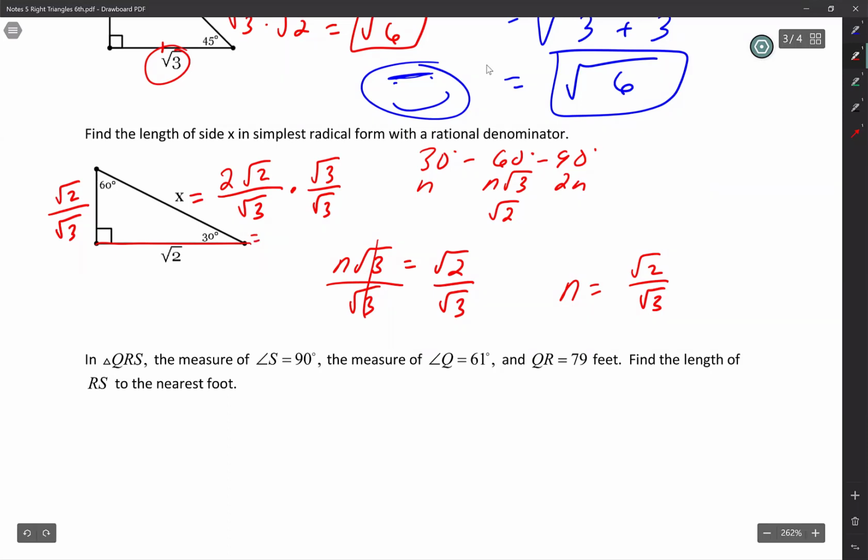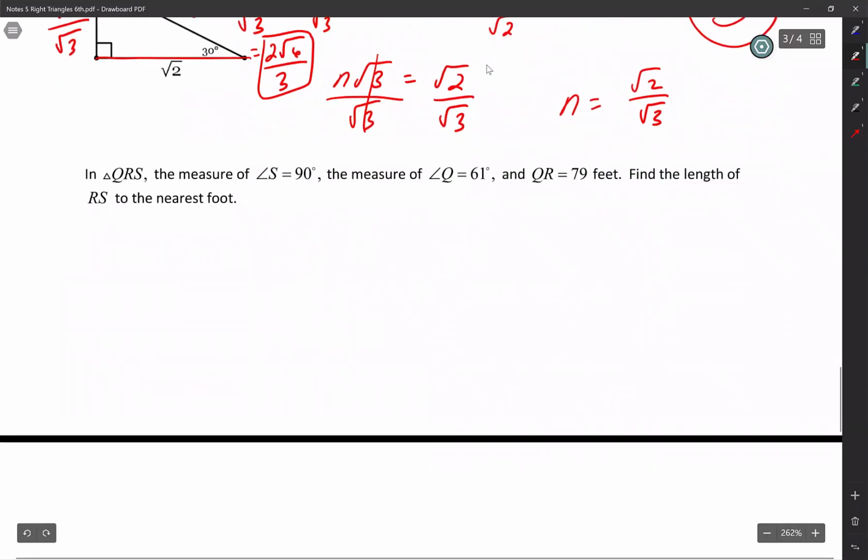So you're going to get 2 square root of 6 over 3. And there it is, guys. Now, before I continue, do we feel okay about that one? Yes. Okay. All right, let's go to the next one, guys.